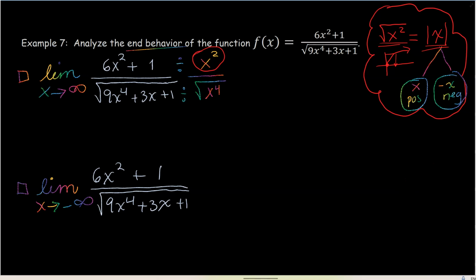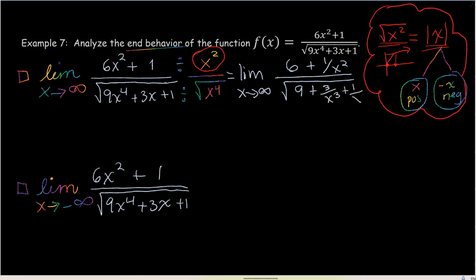But for now, because x squared is a positive number, the square root of x to the fourth is equal to x squared, and that is okay. So then that is equal to the limit as x goes to infinity of (6 plus 1 over x squared) over the square root of (9 plus 3 over x to the third plus 1 over x to the 4th).